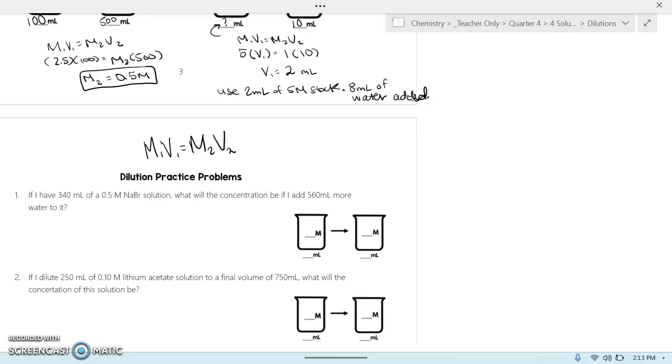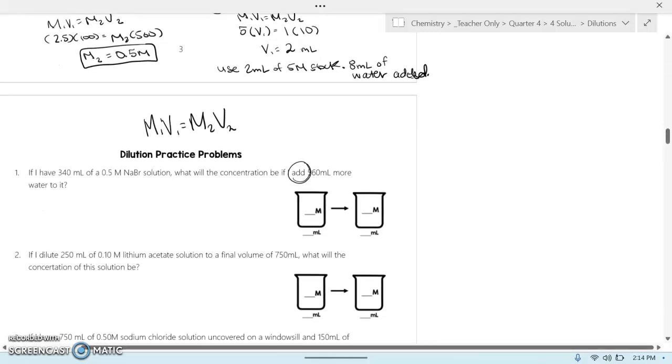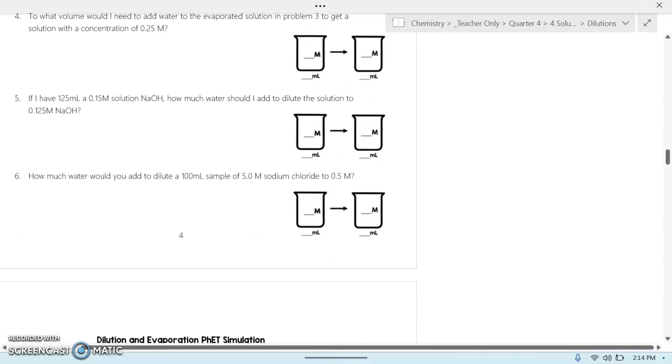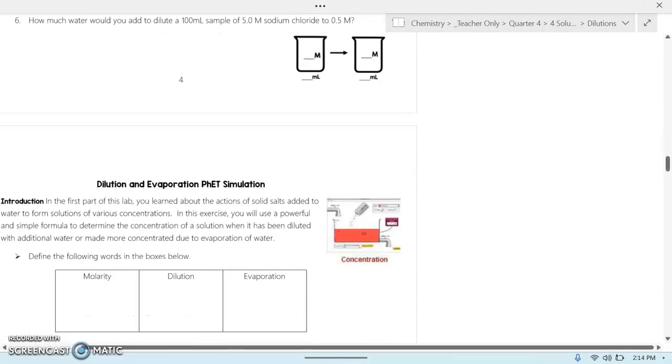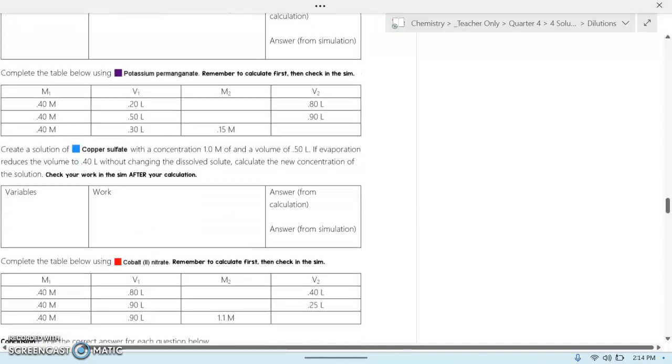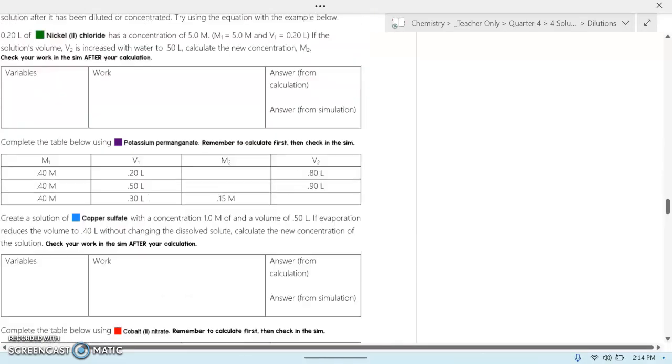Make sure that you fully read the problem and see if it says add, or final volume, or what amount. Don't just number hunt, because you need to actually use the correct meaning here in order to get the correct values. So you will usually have a number over the arrow saying how much was added or taken away. So don't forget about that really important piece in order to get the correct answer. So you do page 4 today, and then you will work through this dilution activity online tomorrow.